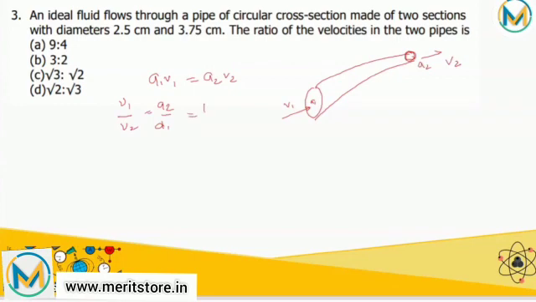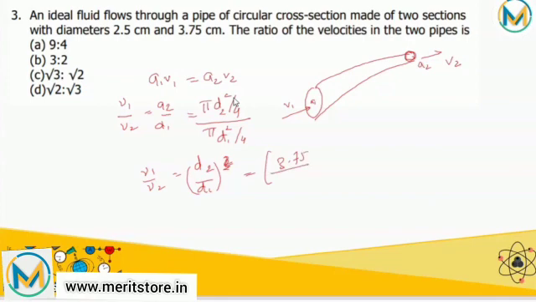I can write A as pi d2 square upon 4, the whole upon pi d1 square upon 4. So simply from this I can write that V1 upon V2 equals d2 upon d1, the whole square. If we substitute the values of d as given in the question, that is 3.75 upon 2.5, the whole square, it comes out to be 9 upon 4. So the correct answer for this question is 9:4, option A.